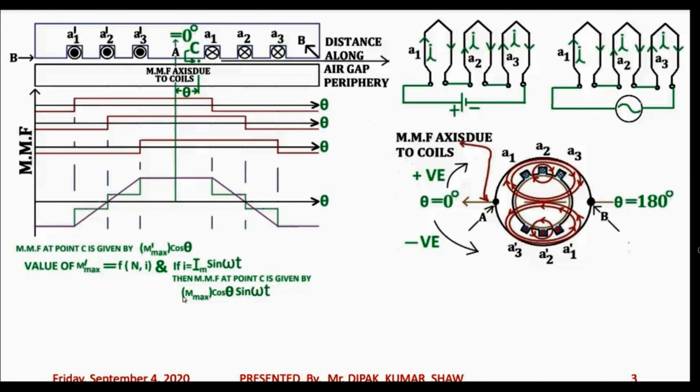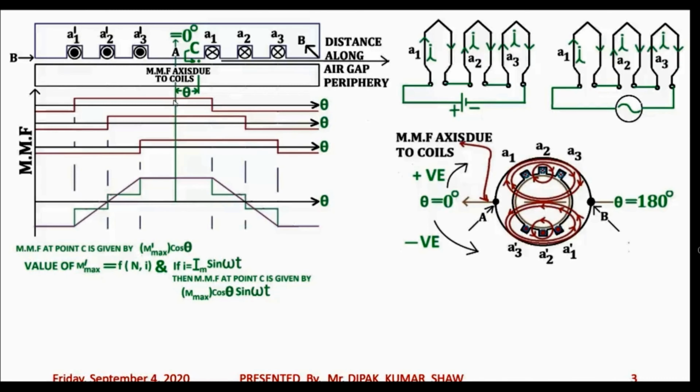M max is the maximum value of MMF at point A, which is passing through the MMF axis of the coil at instant omega t equals 90 degrees. That is a point you should not forget. If you choose the axis passing through point A on the stator core, please follow the mouse pointer, this axis is theta equal to 0 degrees.